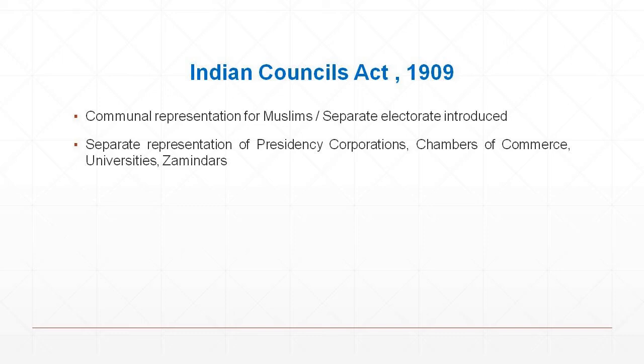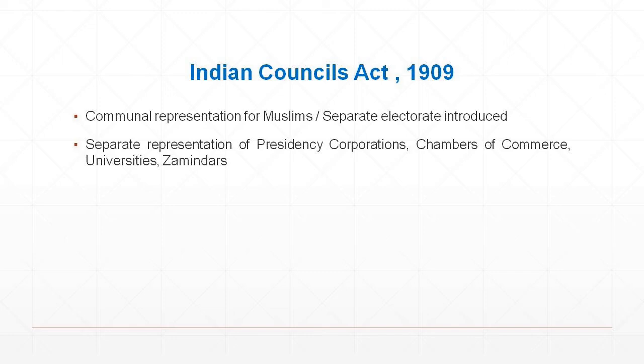Number 6, it also provided for the separate representation of presidency corporations, chambers of commerce, universities, and zamindars. So there is some kind of a reservation now for presidency corporations. Presidencies were only Bombay, Madras, and Bengal. So not everyone gets to have this. If you are from Bombay Corporation, you will have some representation.